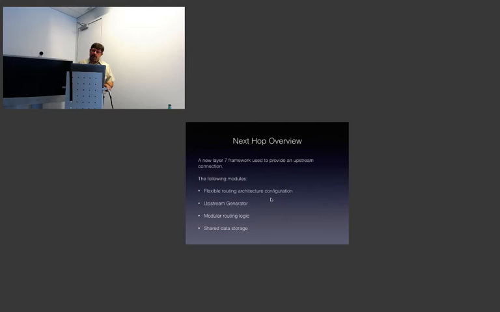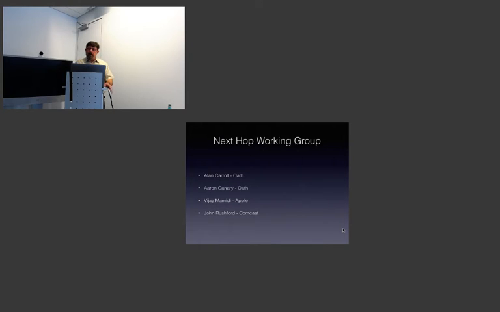And we had a meeting in July. I'll talk about these 4 components here. We discussed the Nexthop framework and did some analysis on configuration. Alan Carroll's been doing a lot of analysis work on the upstream generator.